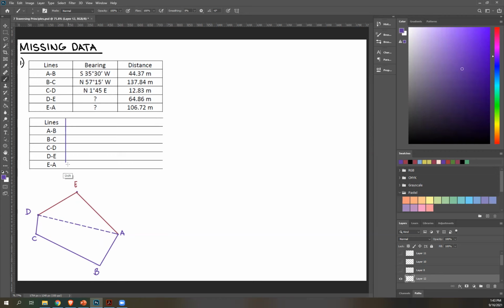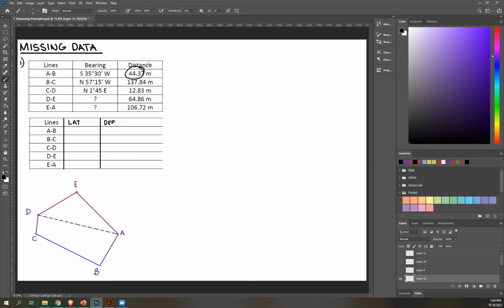So for this, let's try storing all of our values instead of rounding off. I'm going to do the latitude column first, then later on I'll ask you to do the departure column. So for latitude, remember the equation is length times cosine theta.